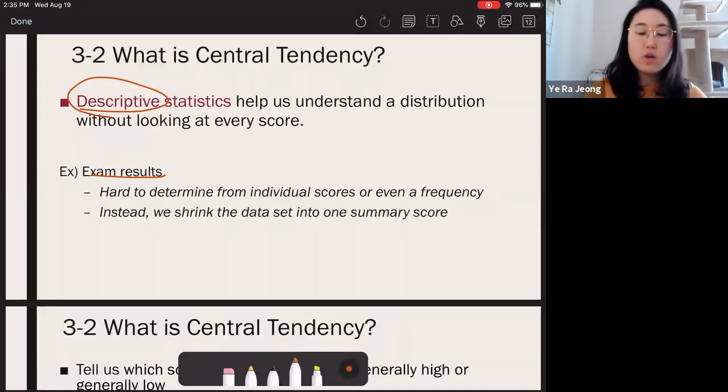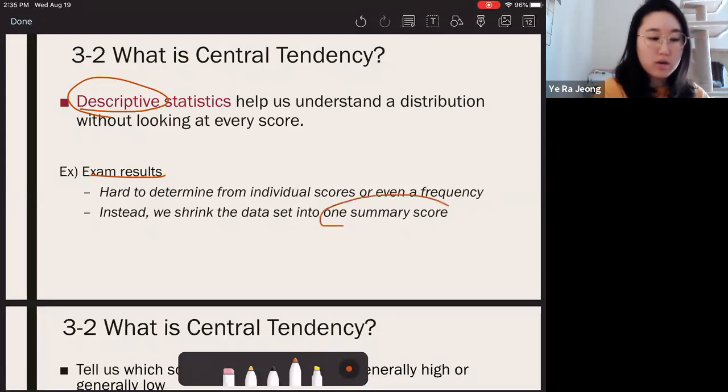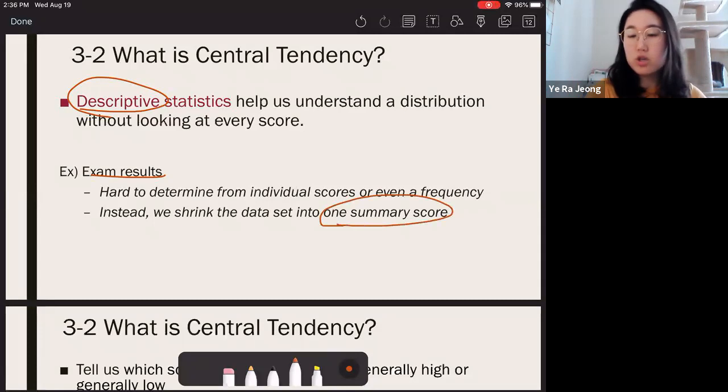So instead, it's useful to shrink all the data, whether you have 20 people's data, 200 people's data, or 2,000 people's data, into just one summary score, so that by just looking at one number, you can gauge what's going on in that particular sample.